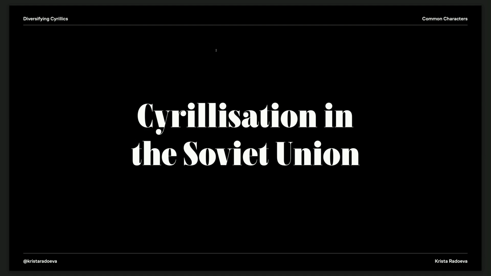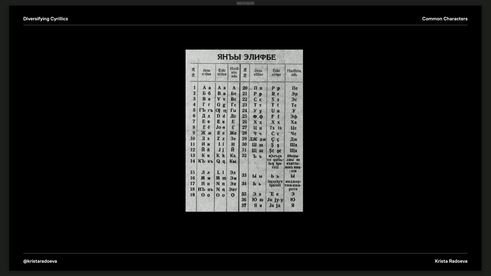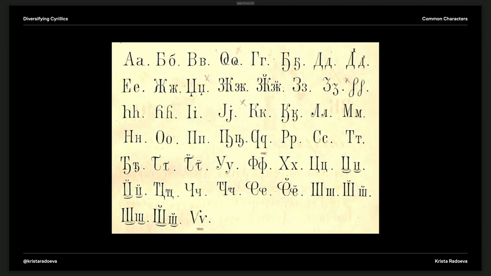And all of those languages were like Arabic, Mongolian, very different languages, very different sounds. So a bunch of linguists got involved, and they invented a bunch of extra letters to Cyrillic so that this could fit.